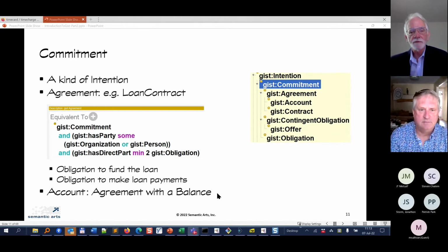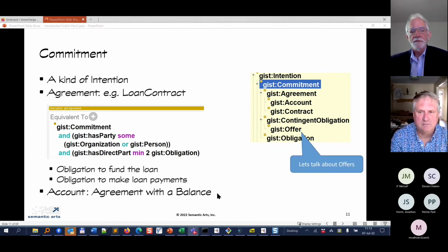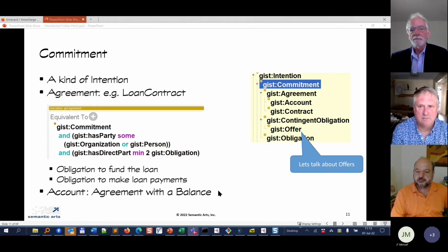There's a legal agreement, what that all means, and it's tracked by United Airlines. Now, it turns out that the royal we, which is to say David Bacombe, has been working on, in conjunction with a couple others, a whole separate account ontology for gist, so we may describe that at some point. And it's all based on this notion of an account being an agreement with a balance.